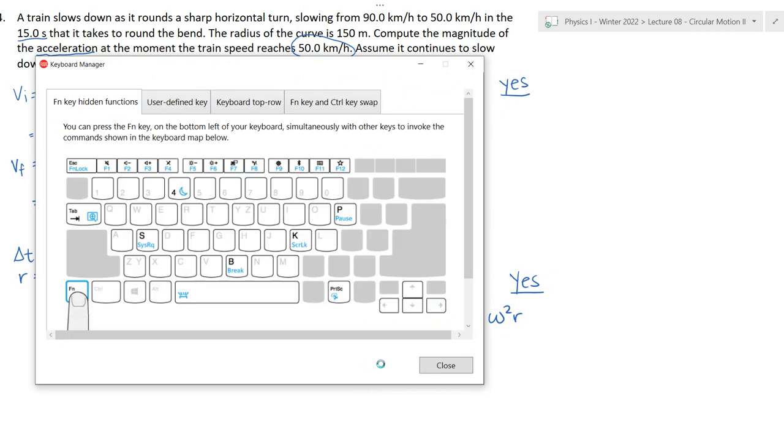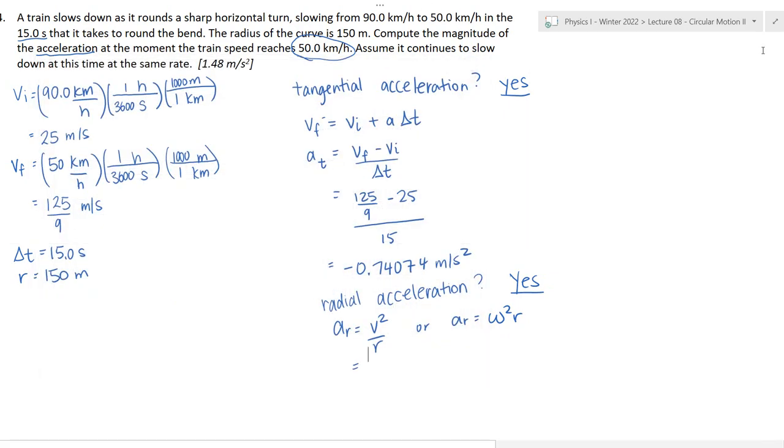So I'm going to change that to 125 over 9 squared over r, which is 150. And I'm just going to type that up. 125 over 9 squared over 150.